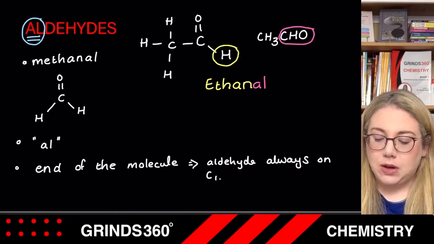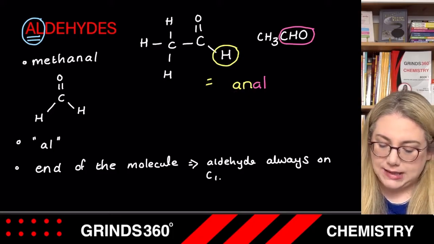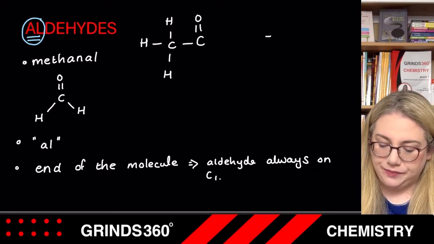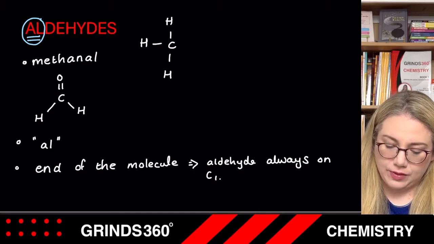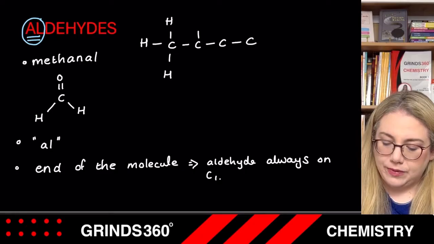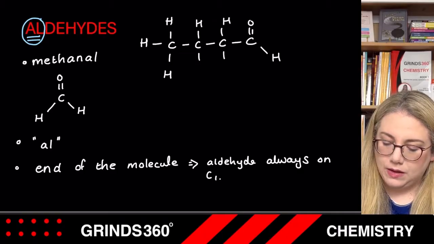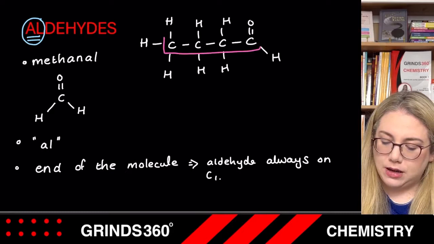Okay, so if I was to produce a bigger aldehyde, if I get rid of ethanal and I extend the chain like this, this molecule has 4 carbons in the longest straight part of that chain, so it's butane.